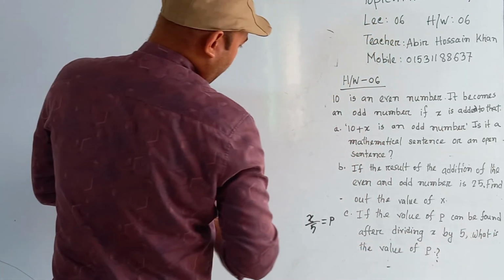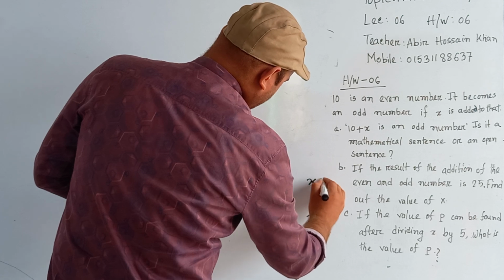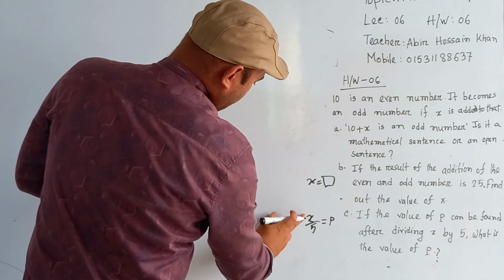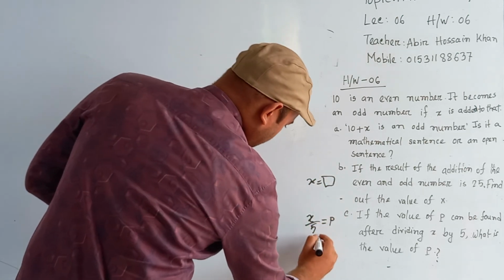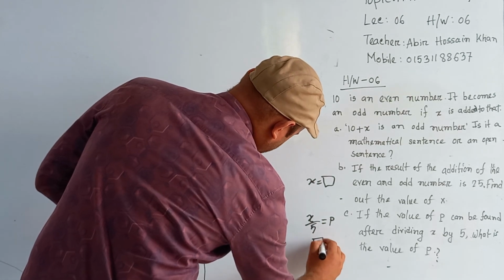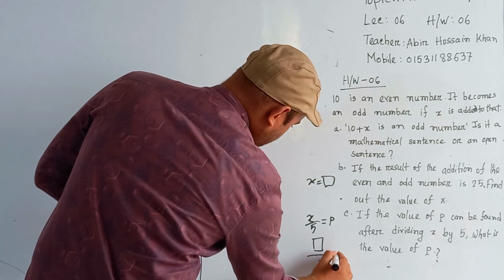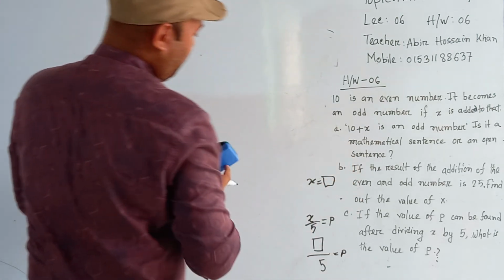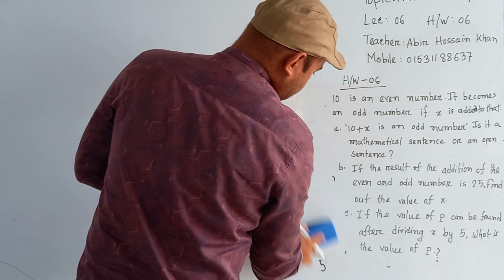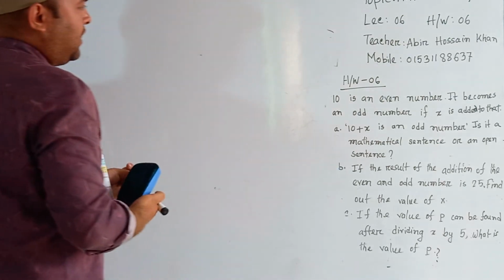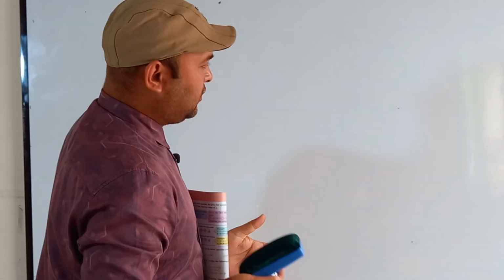Look here, from B you will get the value of x. So here x divided by 5, and we can write here the value of x from B divided by 5, and then you will get the value of p. So you will submit this one next Saturday on your school campus.